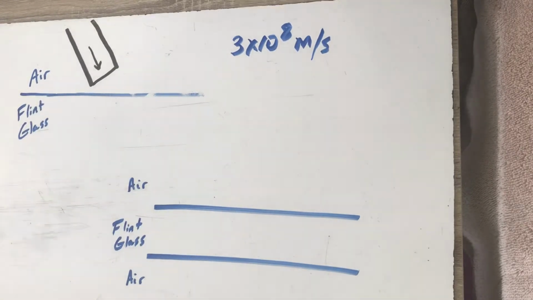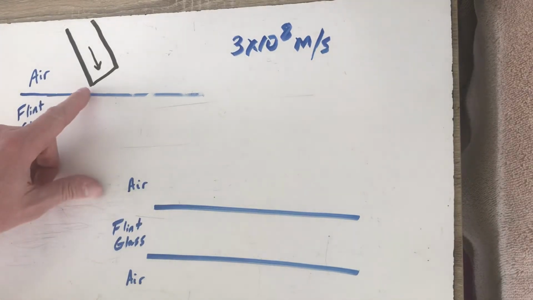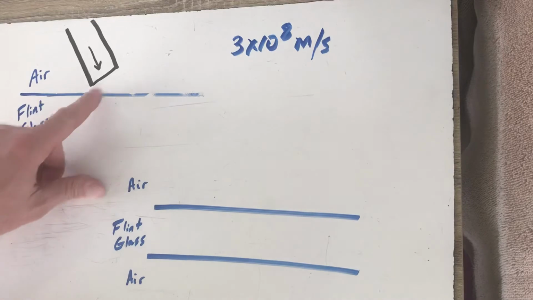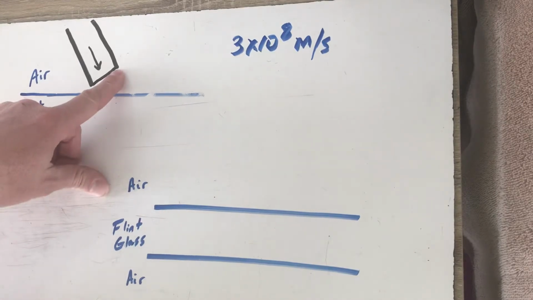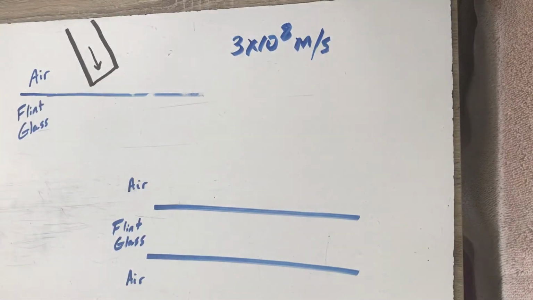So as it approaches that, at an angle, this corner of the light ray is going to hit this boundary and slow down before that corner will. It's kind of like, let's say you've been pushing your lawnmower across your driveway that's concrete, and you're pushing on the concrete, which is really easy to do, and then you're pushing into the grass. It's really tall and it slows the lawnmower down a lot.